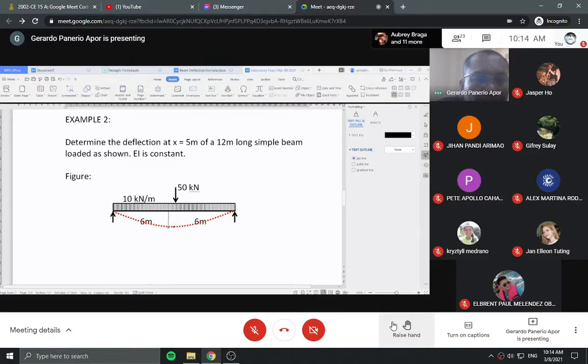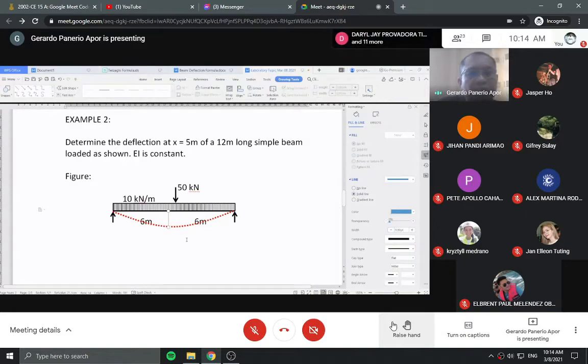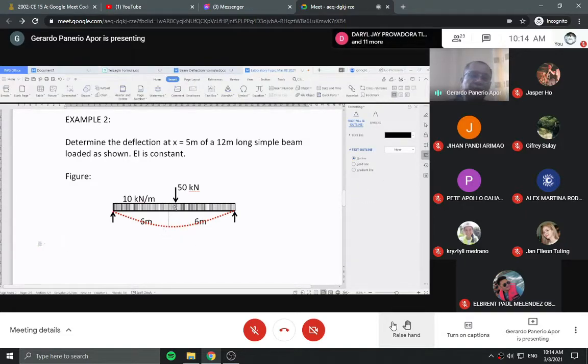That is the point where you are going to determine the deflection. It's not really the maximum deflection, but close to it, because you can guess the maximum deflection is in the middle, since the load is symmetrical. There is only one reason why the beam's deflection would not be symmetrical: if the cross section of the beam varies.